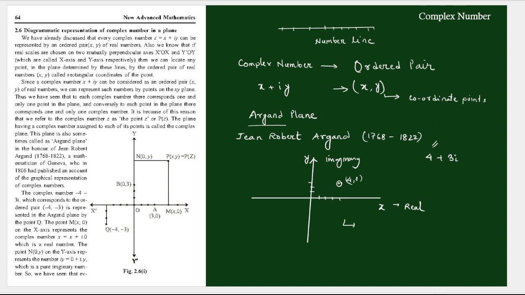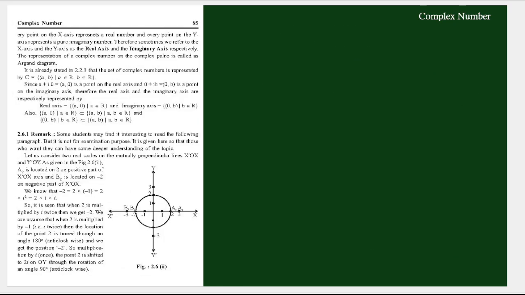And then this plane is called your complex plane or Argand plane. Both denote the same meaning. Perfect. Now the x-axis will be called your real axis, and the y-axis will be your imaginary axis.